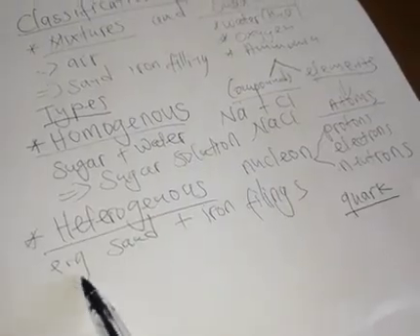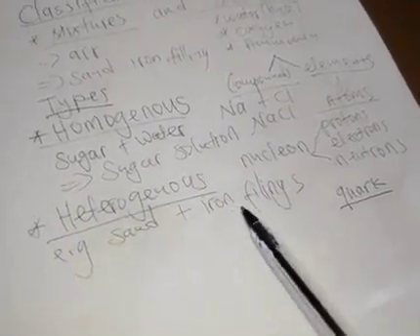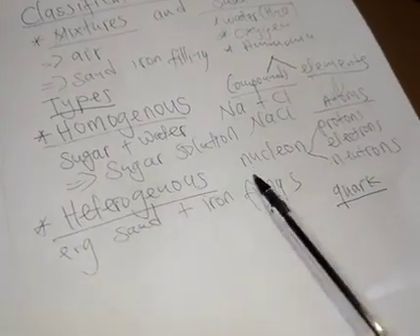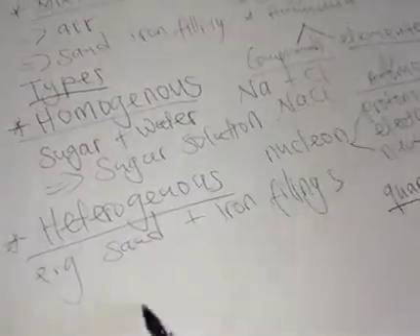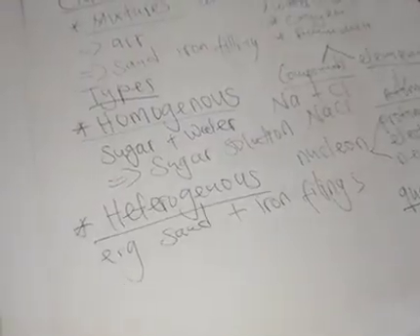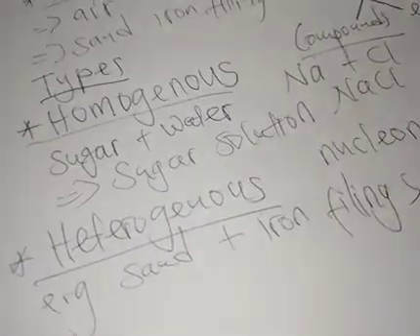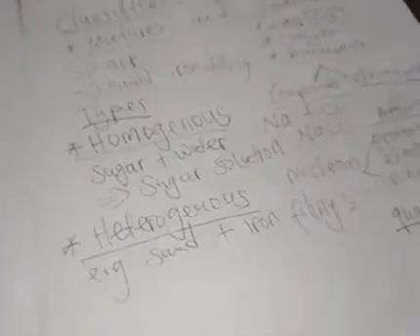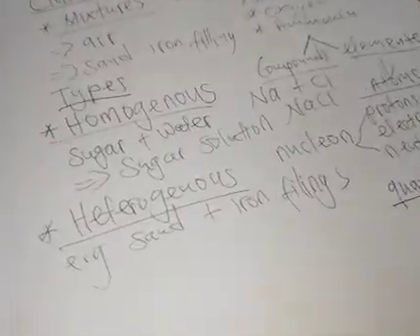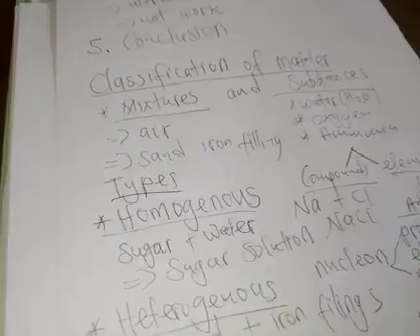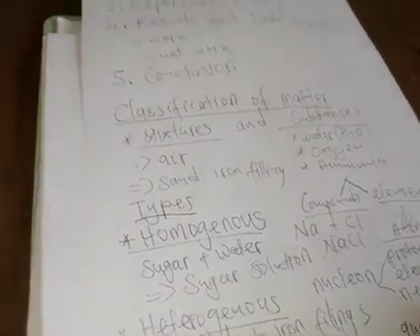We can use a magnet, such that the iron filings will be attracted to the magnet and the sand will remain. That is a physical means, and there are many more means we can use to separate different mixtures. So these are the types of mixtures.